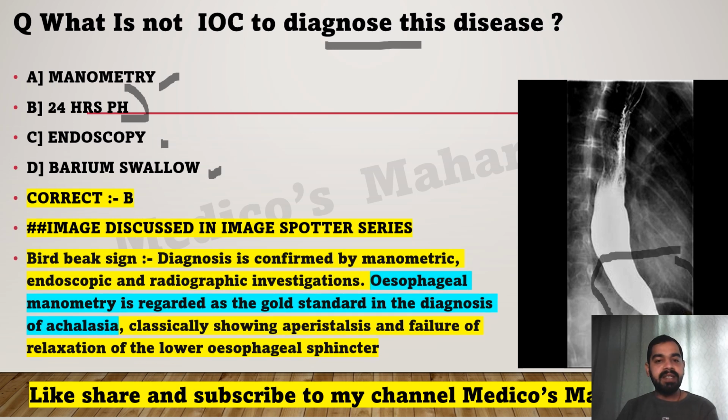Bird beak sign is confirmed by manometric, endoscopic, and radiographic investigation. Endoscopy is there, manometry is there. Esophageal manometry is regarded as the gold standard in diagnosis of achalasia. This condition is achalasia, classically showing loss of peristalsis and failure of relaxation of the lower esophageal sphincter, my dear friends.